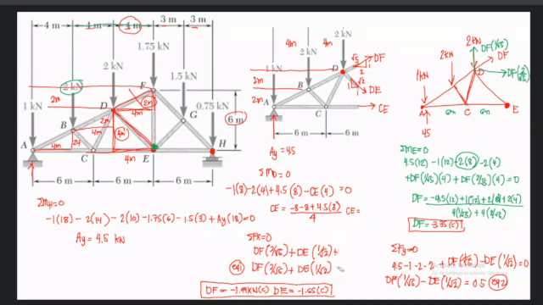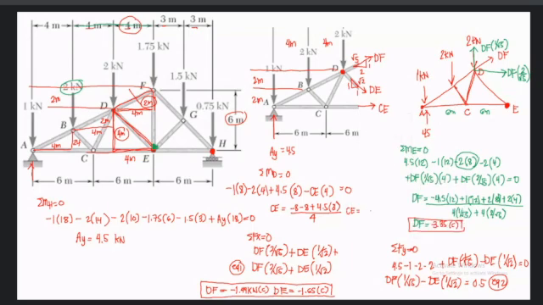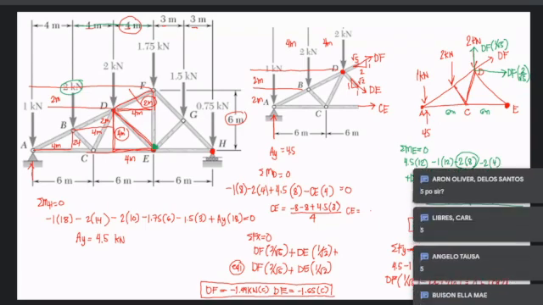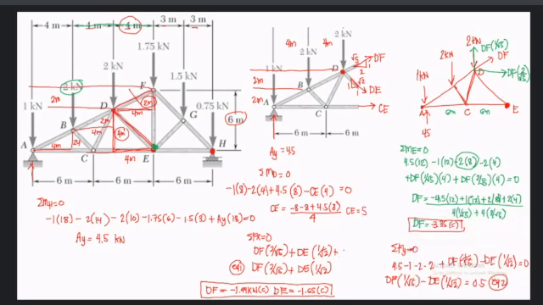Ito lang naman mababago. Yung sa FYD naman mababago. 5. Negative 16 plus 4.5 times 8. Okay, so that's 5, no? So this will become positive 5 is equal to 0. Therefore, this will become negative 5.